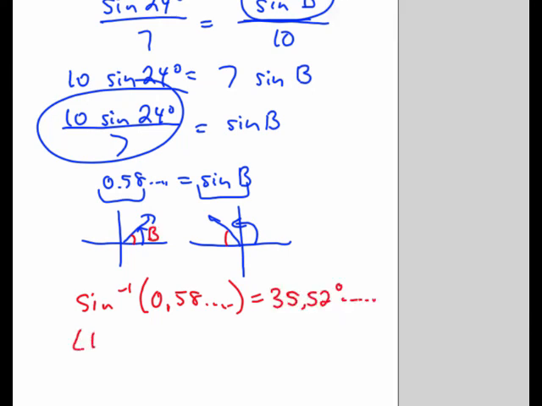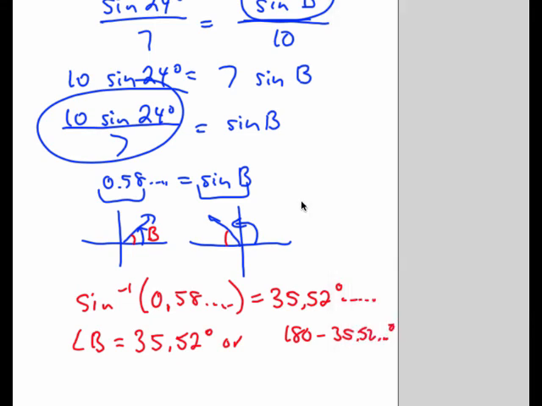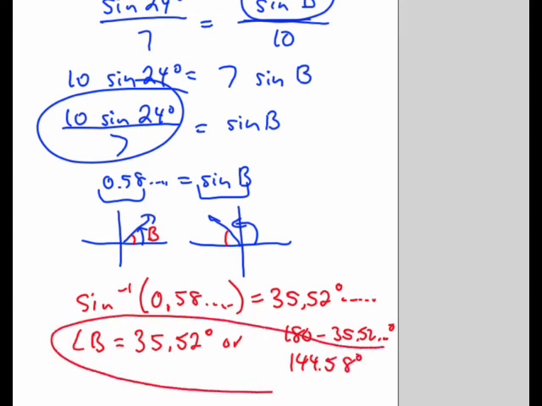That means that my angle B could be 35.52 degrees, or it could be 180 degrees minus 35.52, 144.48. In other words, angle B could have potentially two measures.